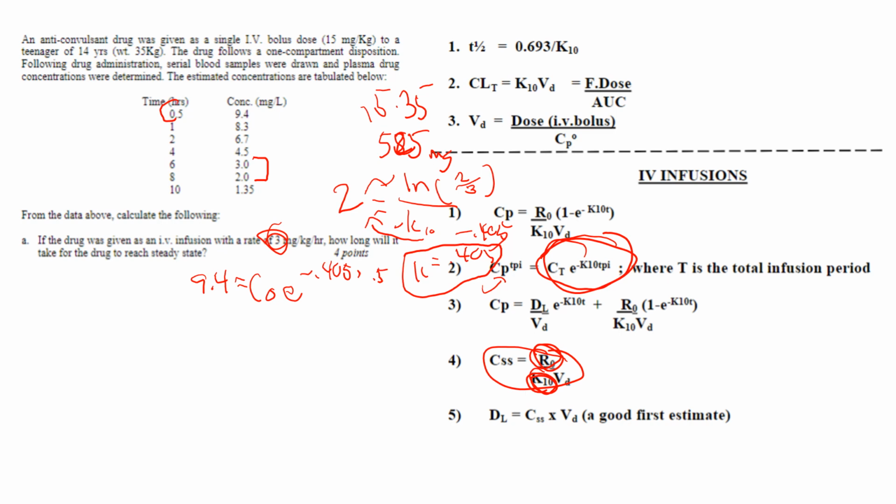This is the plasma concentration at this time. So we can divide 9.4 by this e term over here. And once we do that, we get that the concentration at time 0 is equal to 9.4 divided by e to the negative 0.405 times 0.5.